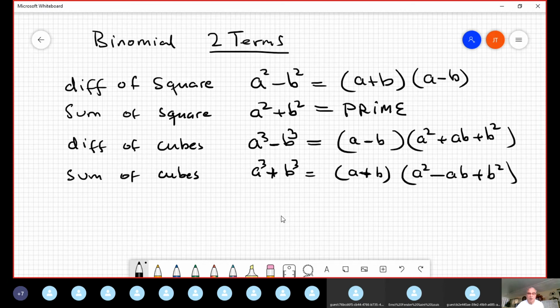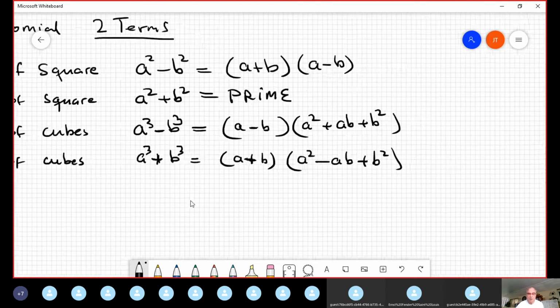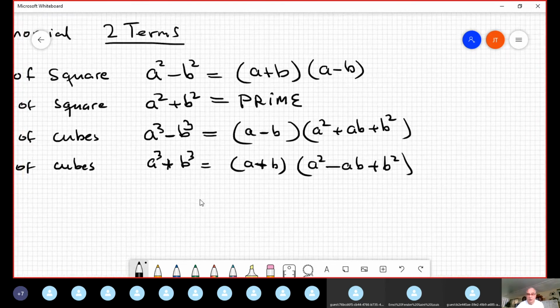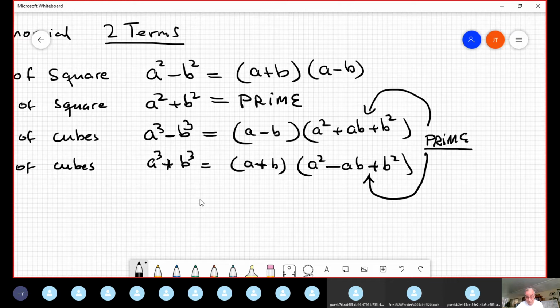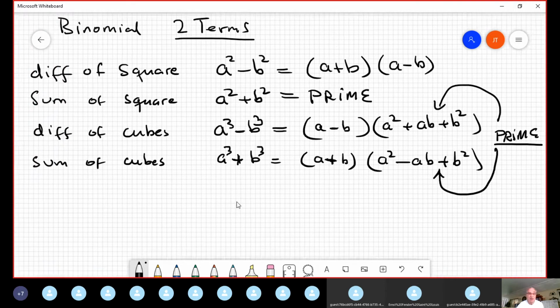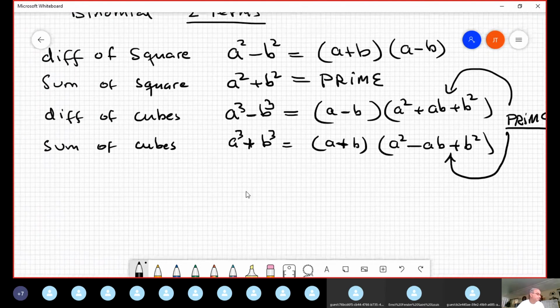By the way, it's important to say something: this trinomial and this trinomial are both prime, so we cannot do anything. Don't waste time trying to factorize them because it's impossible. This is the formula, and you apply it in the next problem.